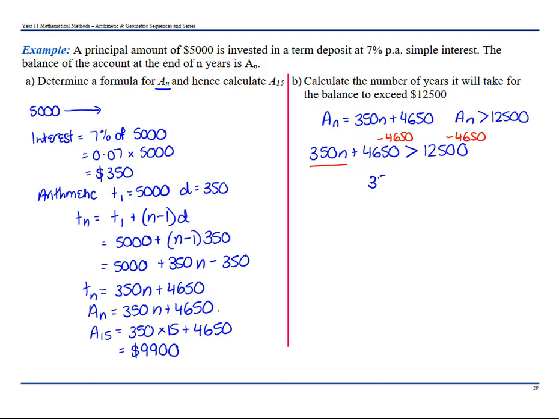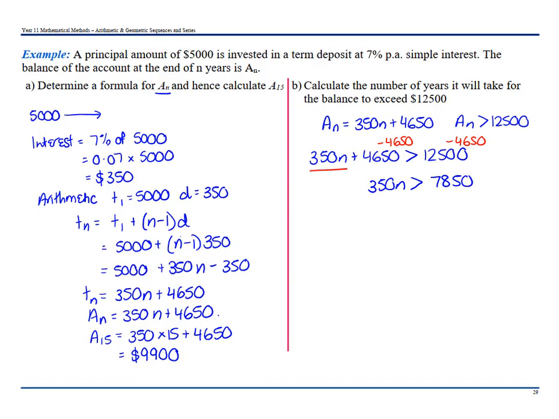So we've got 350n is greater than 7850. Divide both sides by 350. And you've got n is greater than 22.43. So it says calculate the number of years it will take for the balance to exceed 12,500.